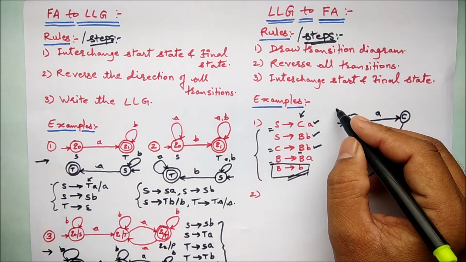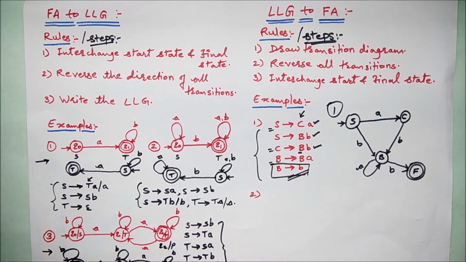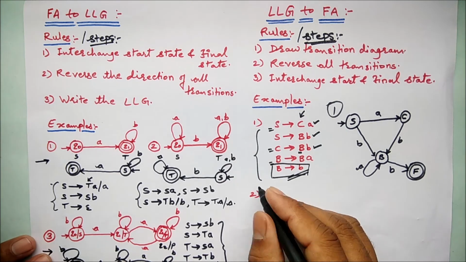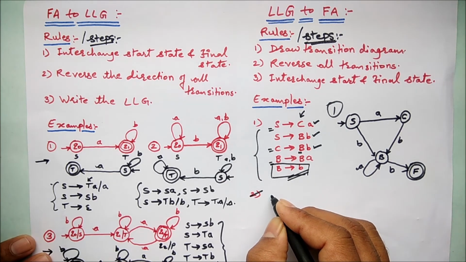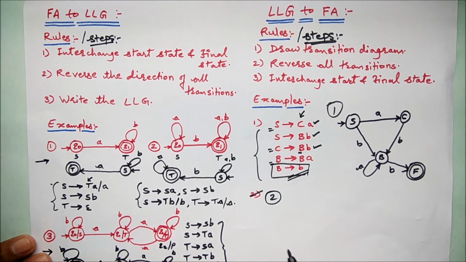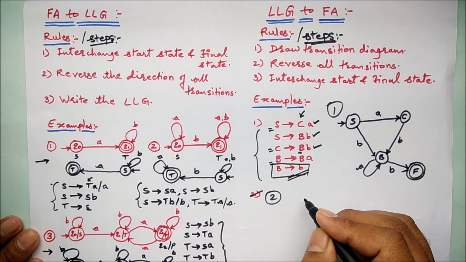So this is my first step, my dear friends, right? Now let's follow the second and the third step. The second step is reverse all the transitions, right? So, reversing all the transitions. Once again, we have to draw the finite automata. That will be our final finite automata, my dear friends.